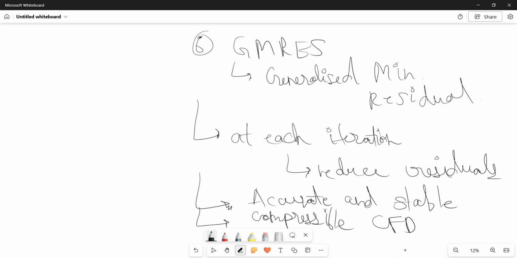That's why you use coupled in the first place. But when you are calculating all this, you use such methods where you can minimize computational time as much as possible. So this is your GMRES.